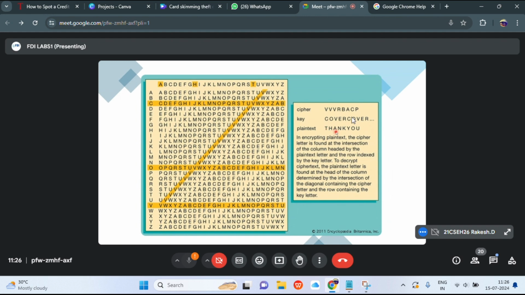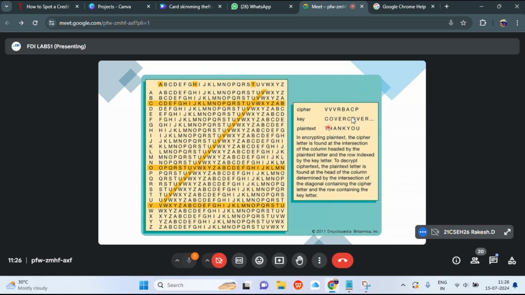Here C, O, V, E, R, and R ends with K, then again I'll start with C, O, V and it ends with V here. Now our digraph is ready. For T it is C, for H it is O. This is the key. We have to make the ciphertext using this key.